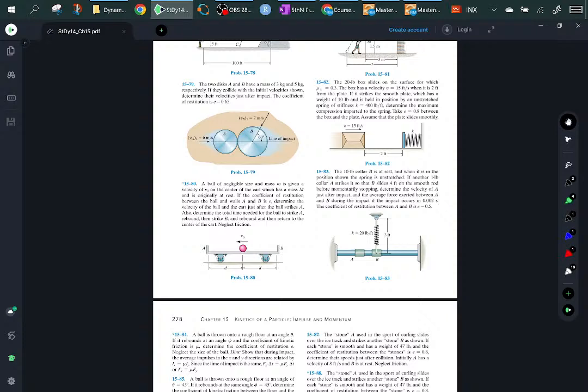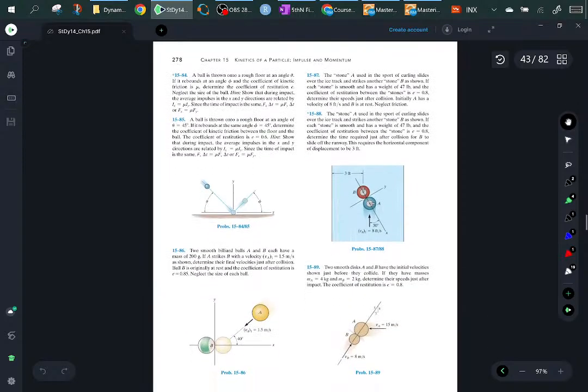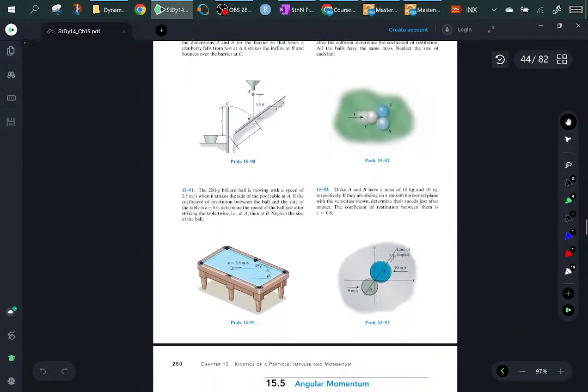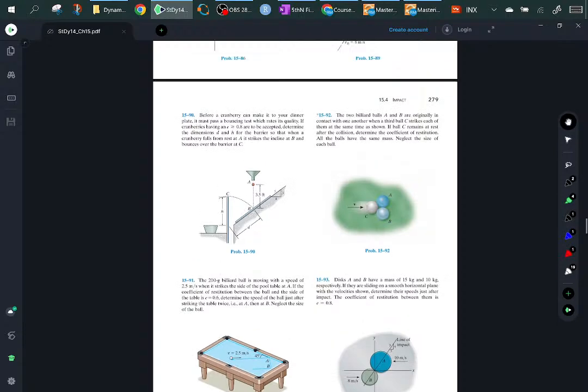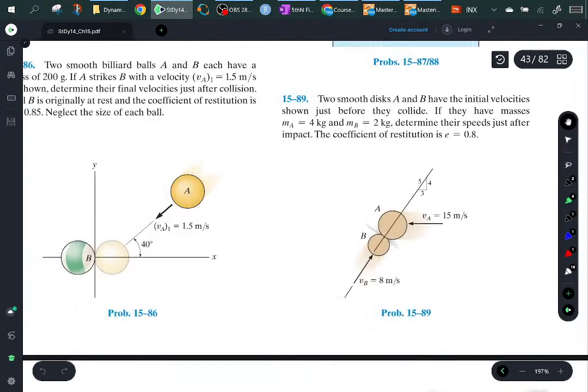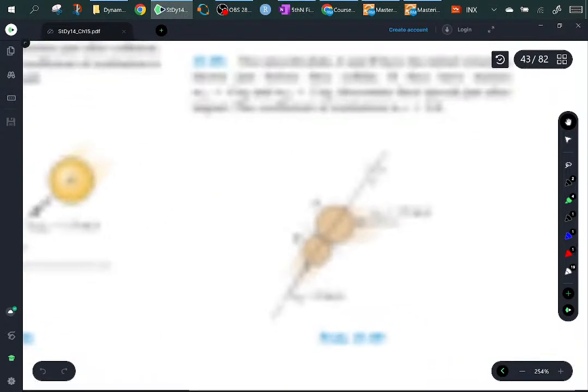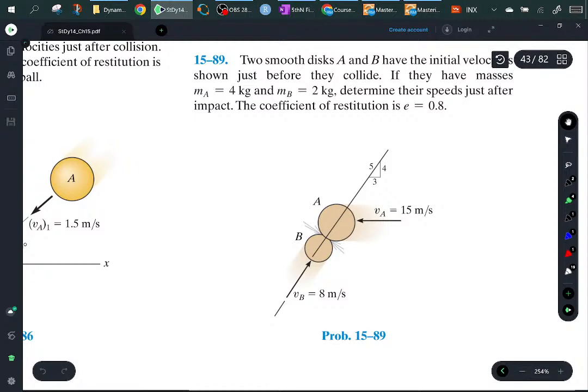Give me a second here. I'm sorry. I've decided maybe this is the most difficult one. Although yours looks similar, it's not exactly the same.